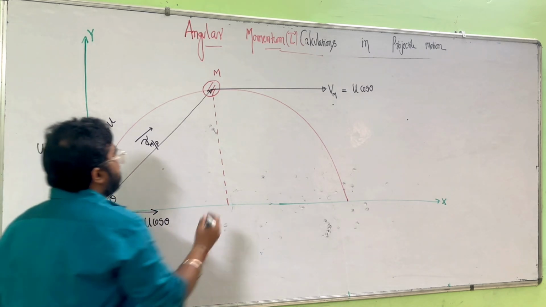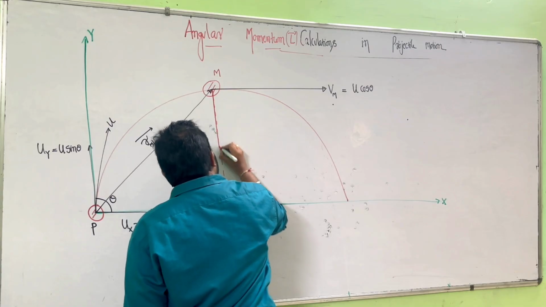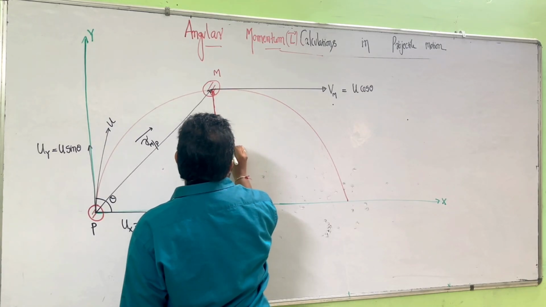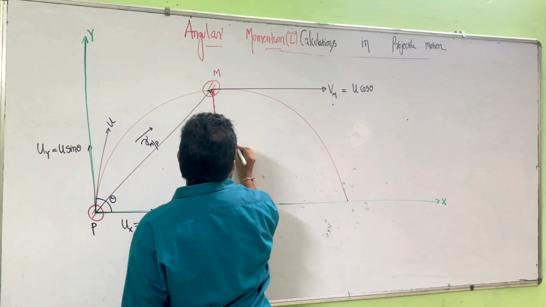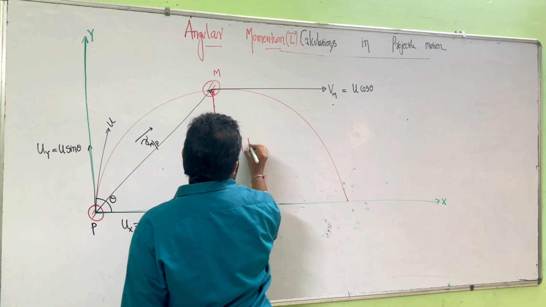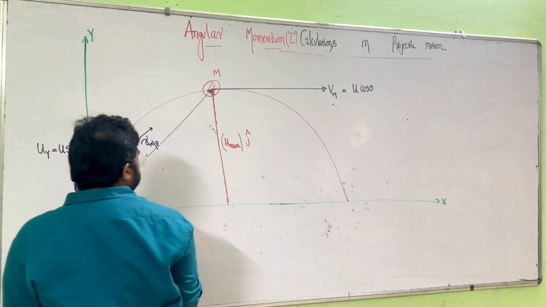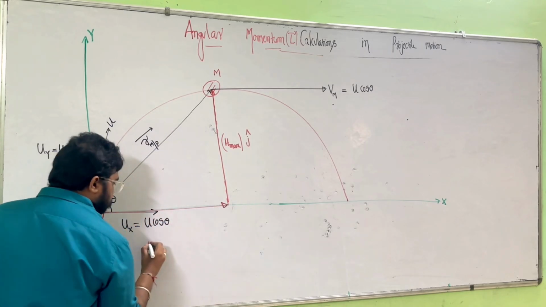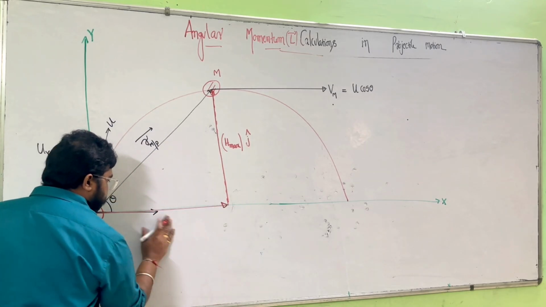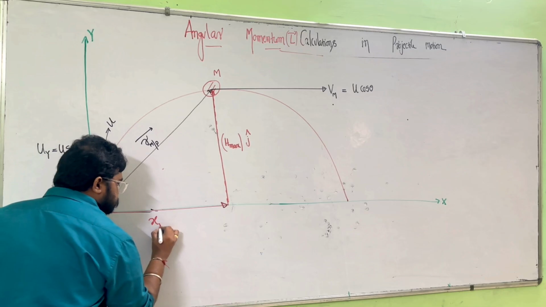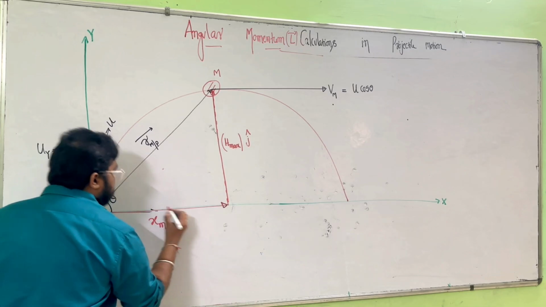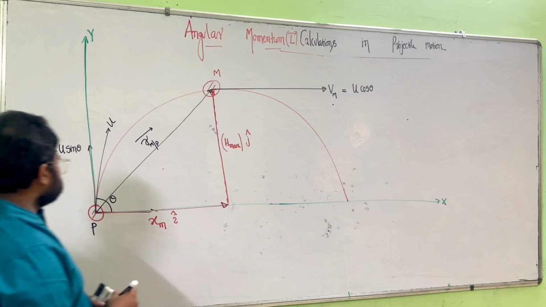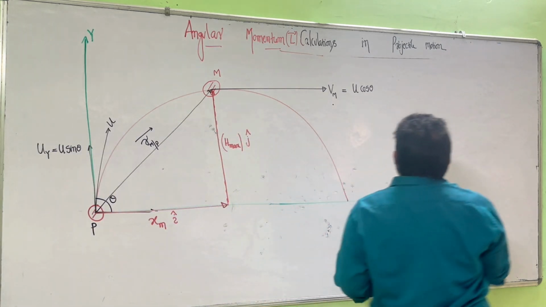This would be the maximum height. H maximum, we can write it as H maximum j cap along this direction, and xm i cap along this direction. Understood? What is the position of the particle?